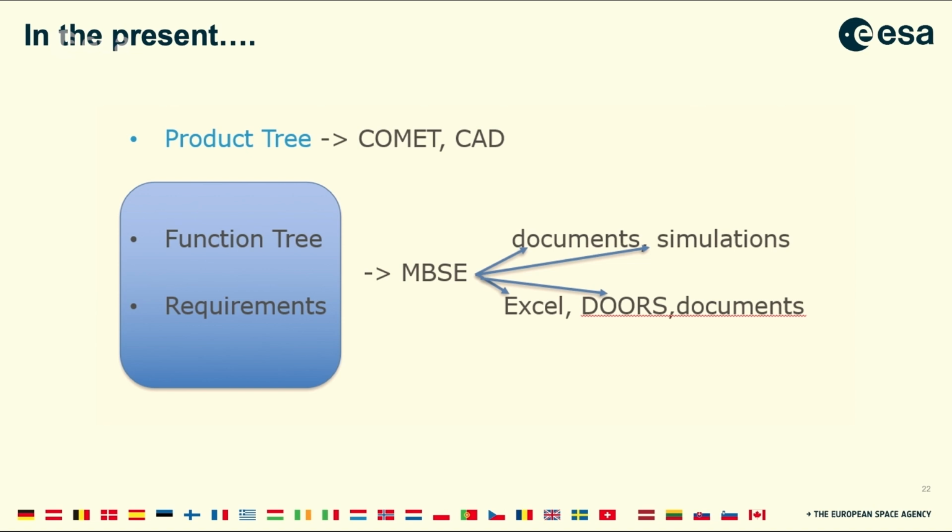And often we can also link simulators or other software to MBSE tools. When it comes to the product tree, it is often still done a bit separately. We have very specialized tools, such as Comet or other CAD tools, to work on the product tree. What we're working on, of course, is that everything can be modeled in one MBSE tool. We're not there yet, but certainly some tools are being linked together, and some are even being merged together.